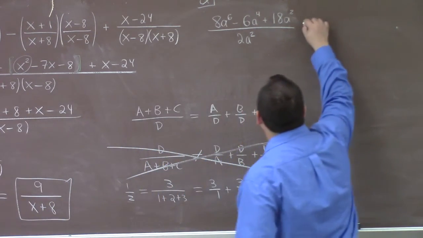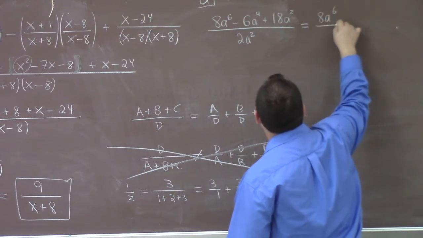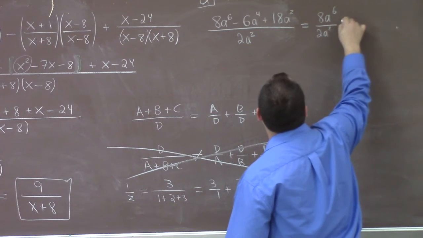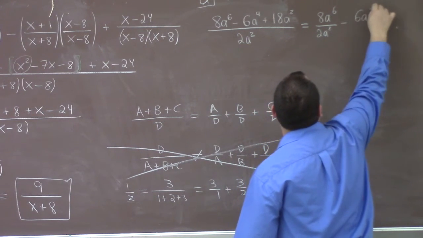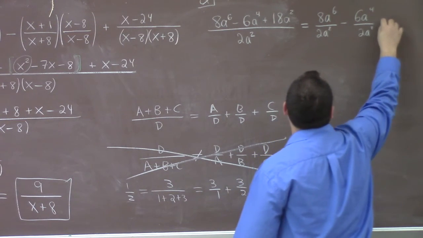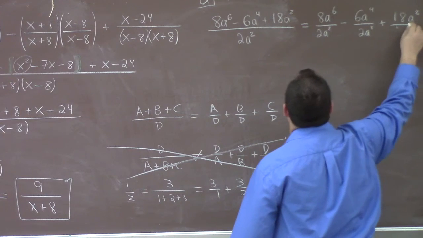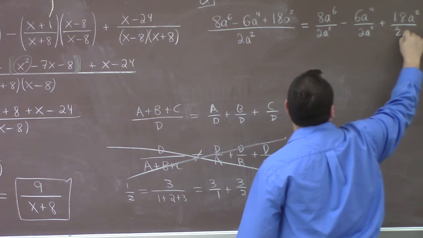So I'm going with the answer 4a to the 4th minus 3a squared plus 9. Yep, that's right.